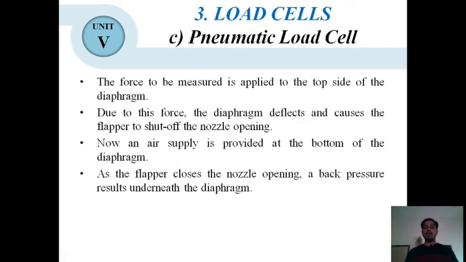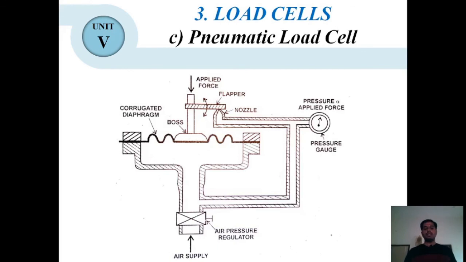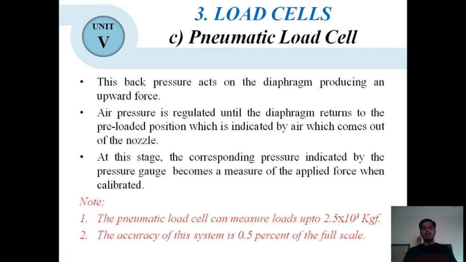As the flapper closes the nozzle opening, back pressure results underneath the diaphragm. Since we have closed the nozzle here, the air will try to move towards this side, and it will try to move this side also. Since the flapper is closed here, the pressure will be in the backward direction, that means in the opposite direction, underneath the diaphragm.